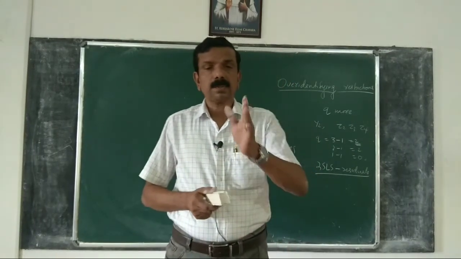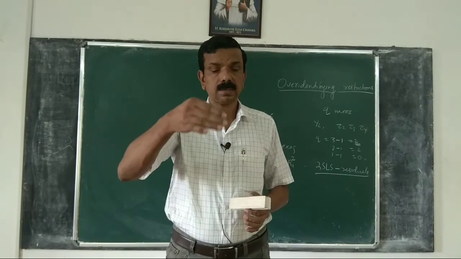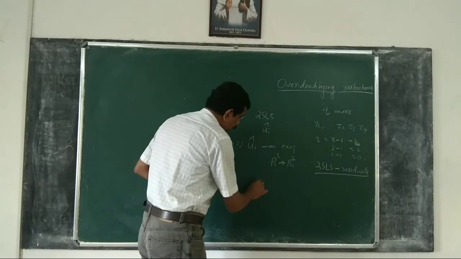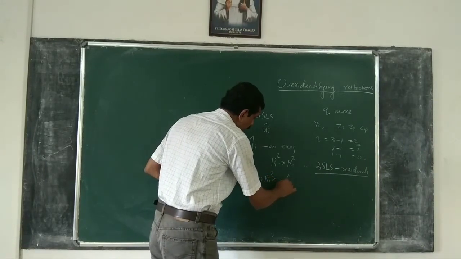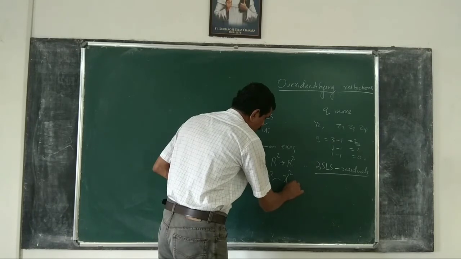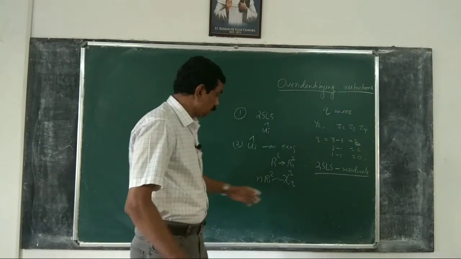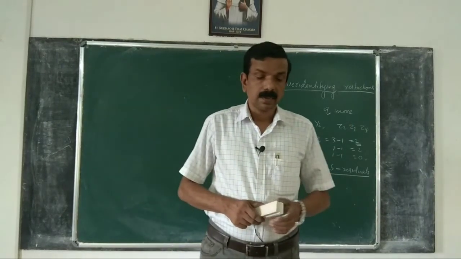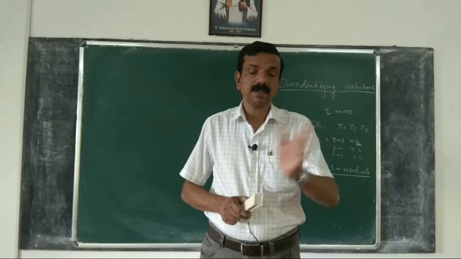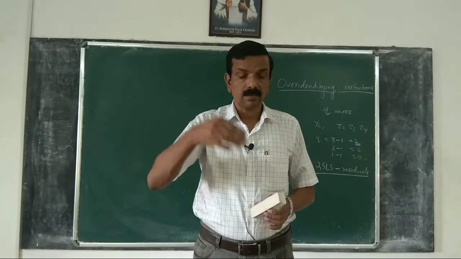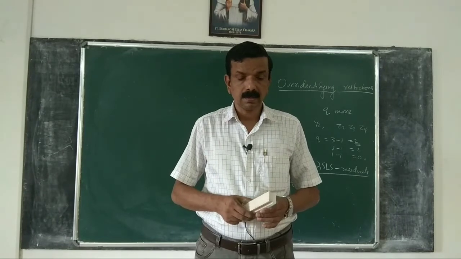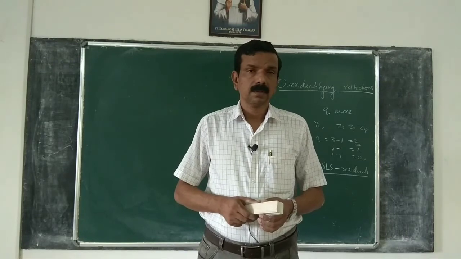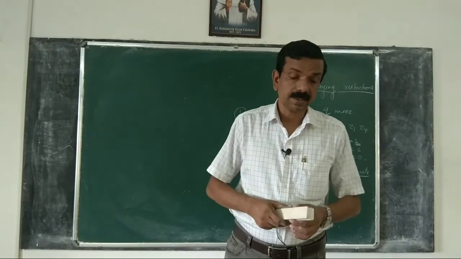Under the null hypothesis that all the instrumental variables are uncorrelated with U1, n into R1 square follows chi-square with q degrees of freedom, where q is the number of instrumental variables from outside the model minus the total number of endogenous explanatory variables.